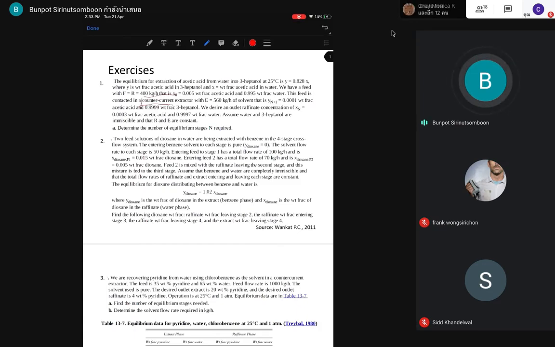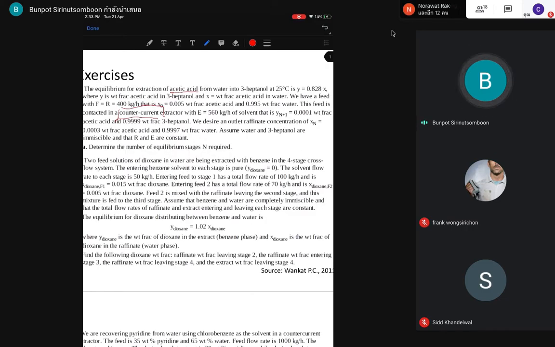You want to extract acetic acid from water into 3-heptanol. Basically, acetic acid is your solute, water is your diluent, and 3-heptanol is going to be your solvent.